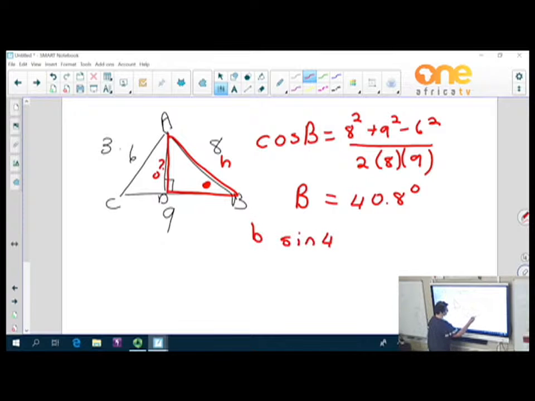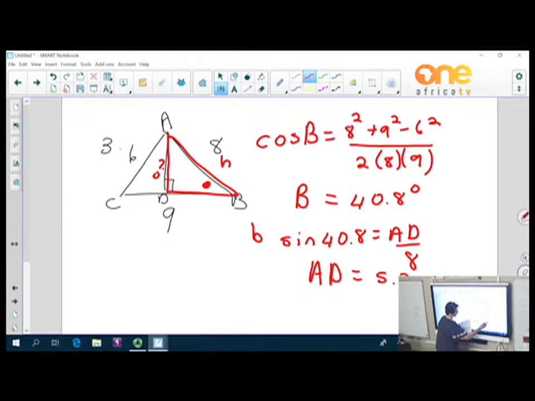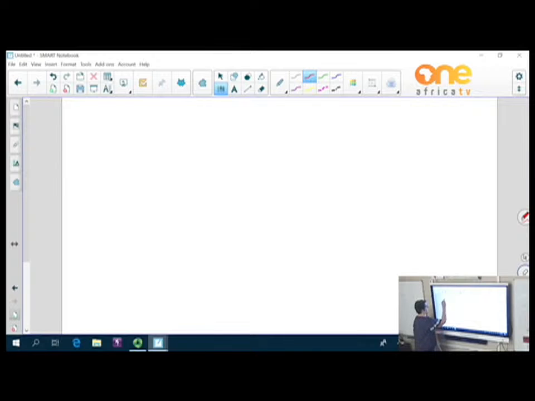So sine 40.8 degrees is equal to AD over 8. So AD is then 8 times sine 40.8, and I got 5.23.